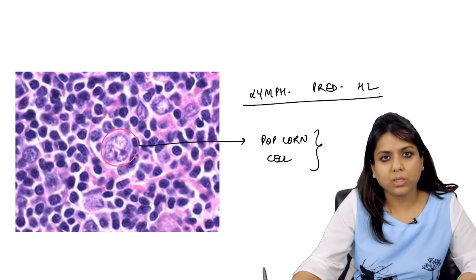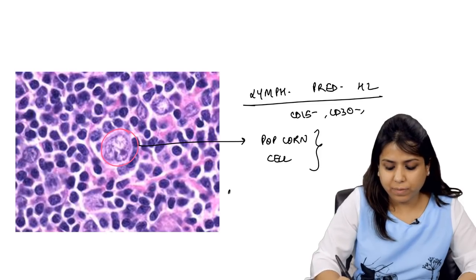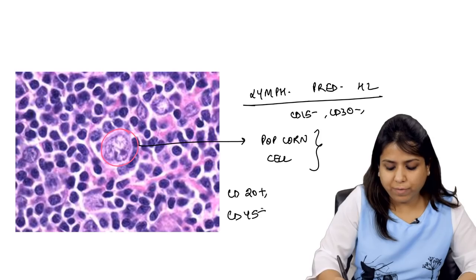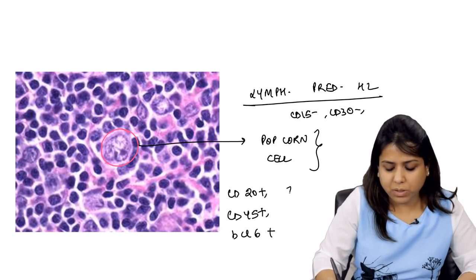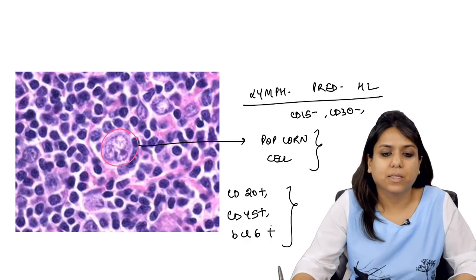This cell is CD15 negative, CD30 negative, CD20 positive, CD45 positive, and BCL6 positive.